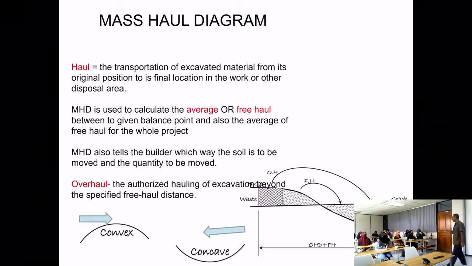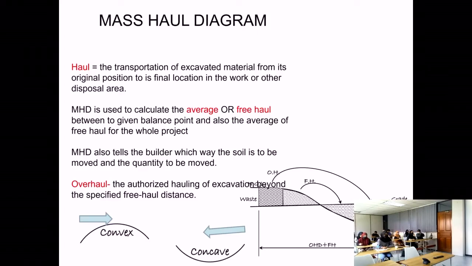So within the free haul distance, you will only be paid a certain rate. But if your soil is going to be transported beyond the free haul, then you are going to use a different payment rate. So overhaul is the authorized hauling of excavation beyond the specified free haul distance.